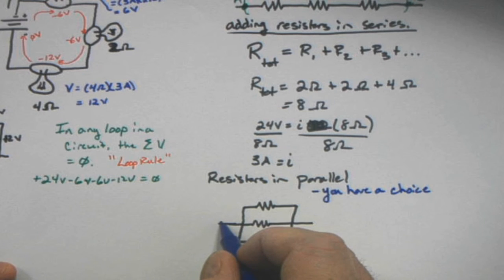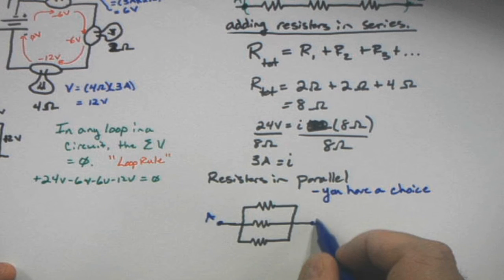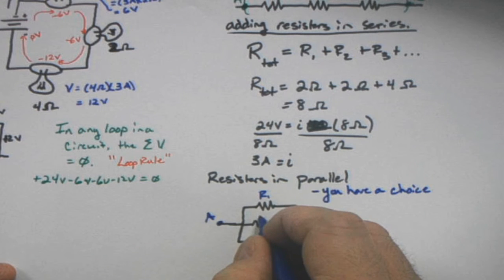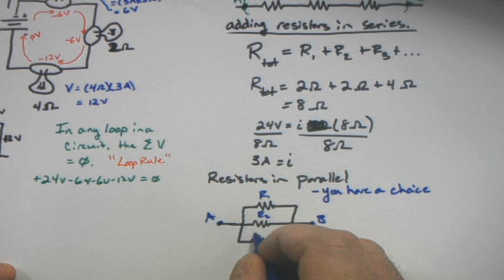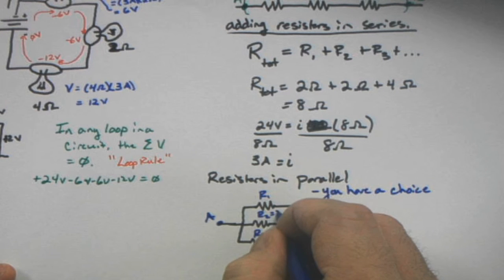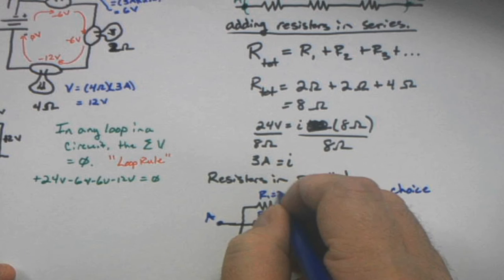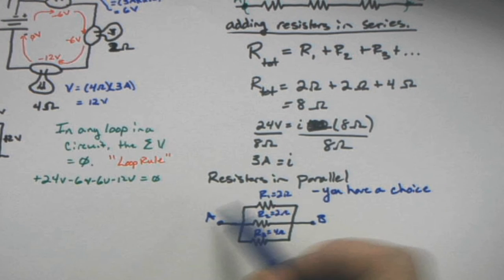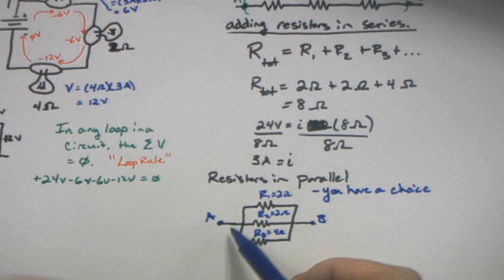So here's point A, here's point B. You can go through R1, R2, and R3. We'll call this 4 ohms, 2 ohms, and 2 ohms. You can go through any one of these to go from point A to point B.